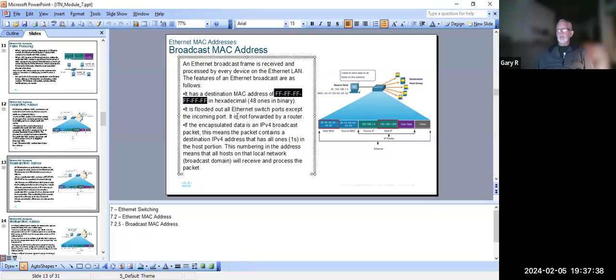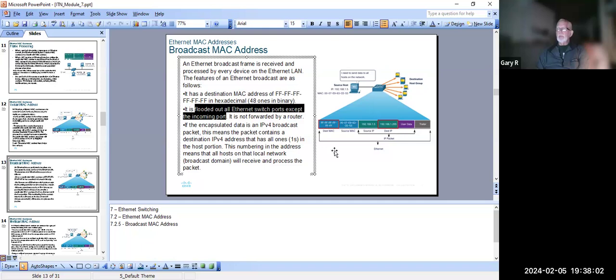Now they say something here that's true. A broadcast address is flooded out all Ethernet switch ports except the incoming port. And it's more specific in that. As we talk about switches more and more, we'll understand exactly how that works.